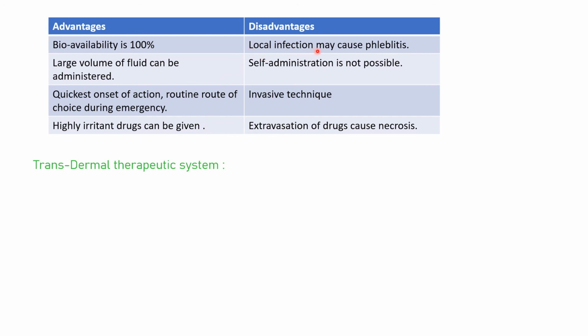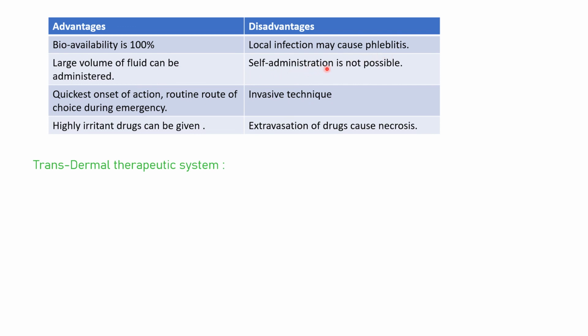And local infection may cause phlebitis. Phlebitis means inflammation of the vein, because we are injuring a vein during intravenous injection. We are puncturing a vein and administering the drug through that vein, so inflammation of that vein is possible.